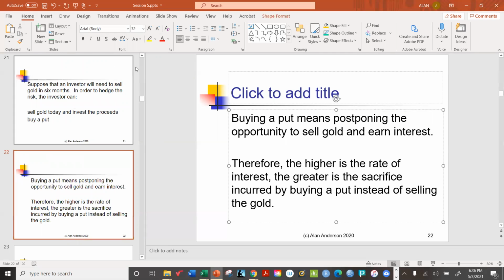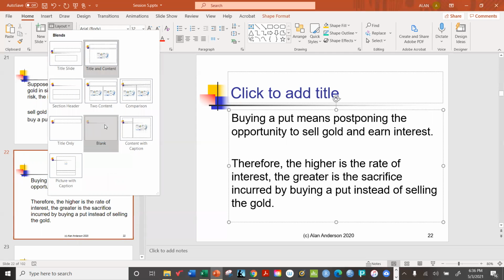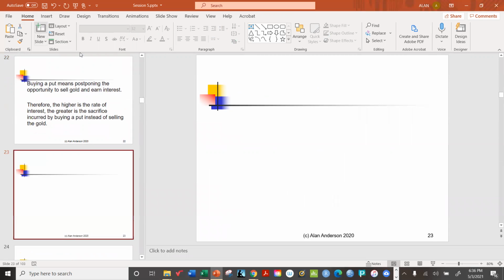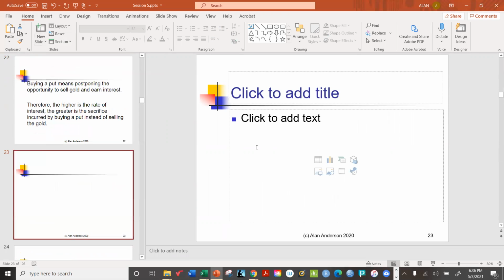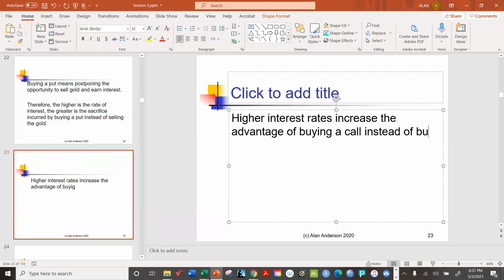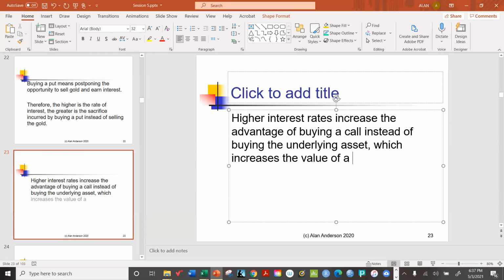So in a nutshell, what this means is that higher interest rates increase the advantage of buying a call instead of buying the underlying asset, which increases the value of a call.